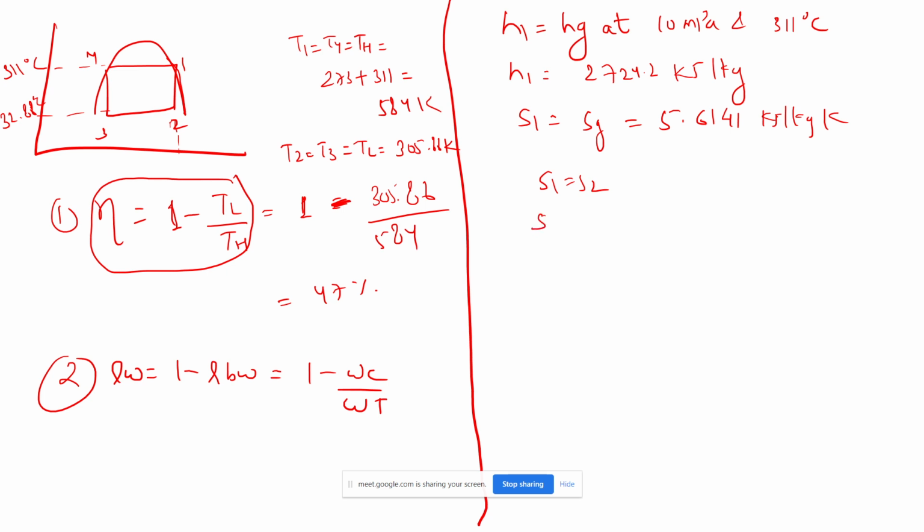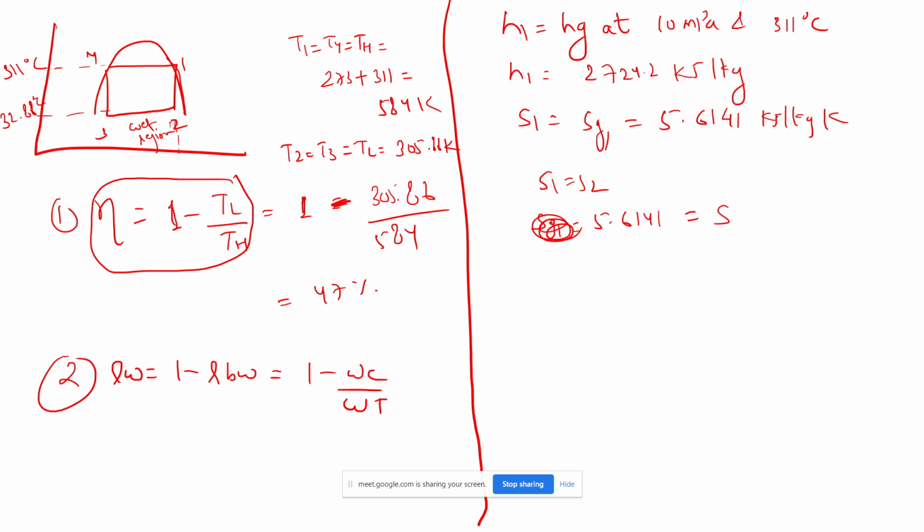So we can write S1 is equal to 5.6141, and it is in the wet region. So what is the formula for the wet region?